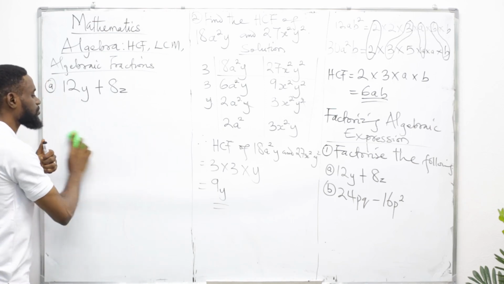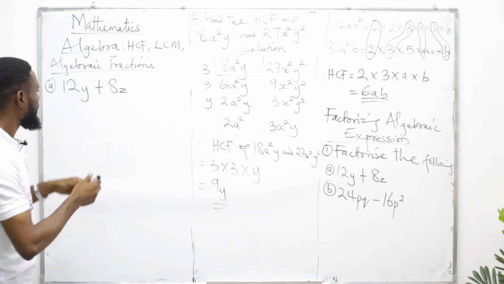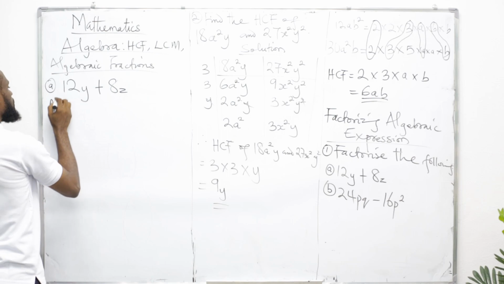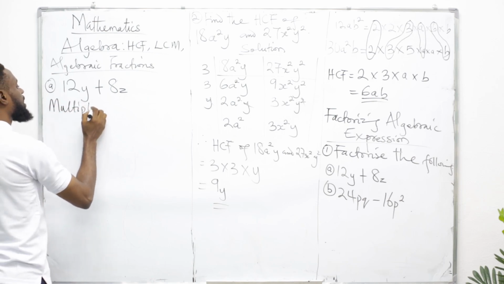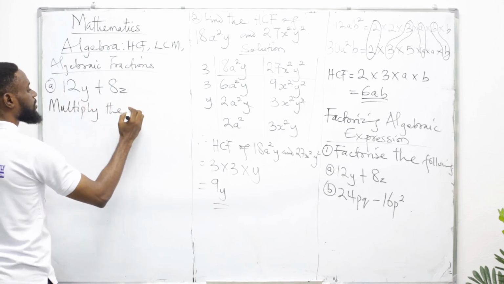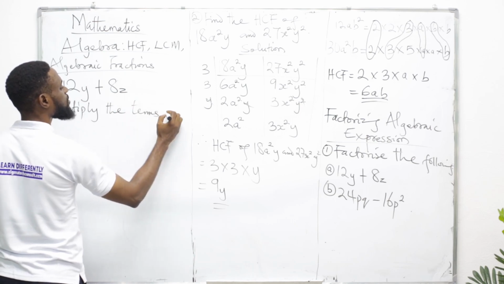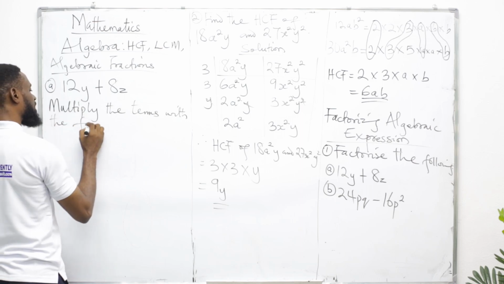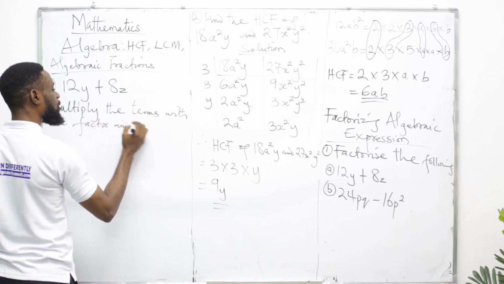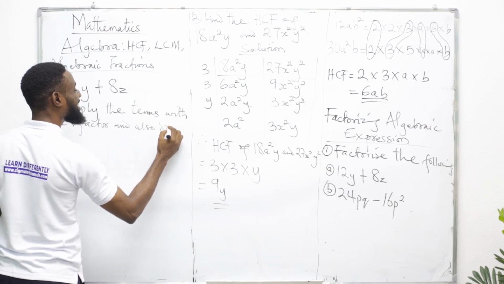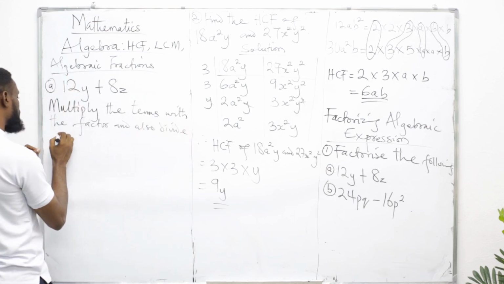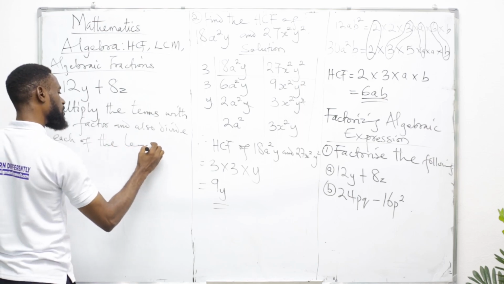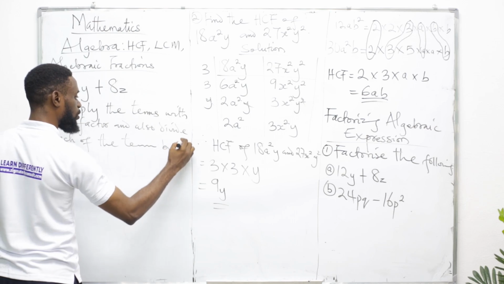All right, so the rule is with that factor, multiply the terms with the factor and also divide each of the terms by the factor also.